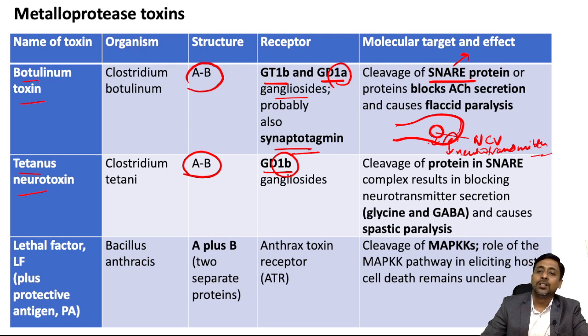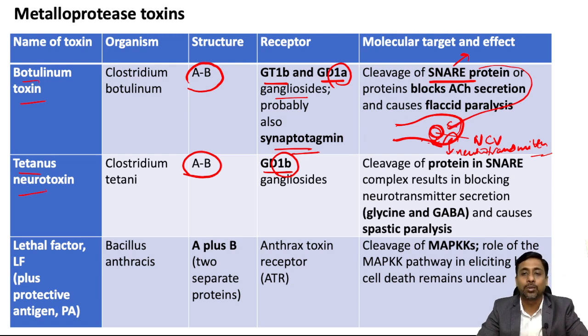Okay, so this fusion of the neurotransmitter containing vesicle with the presynaptic membrane is mediated by snare protein. So once there is a cleavage of this snare protein, this fusion will not occur, and thus it will block the release of neurotransmitter. In case of botulinum toxin, it will block the release of acetylcholine and thus leads to flaccid paralysis.